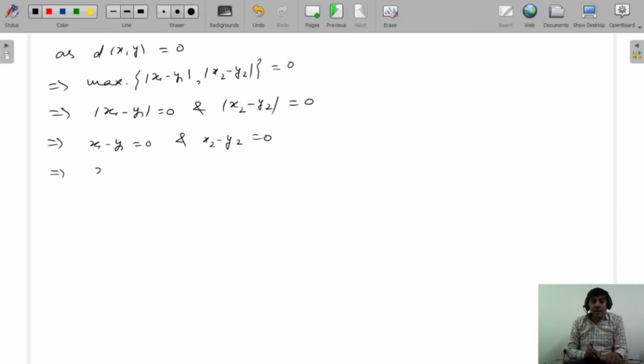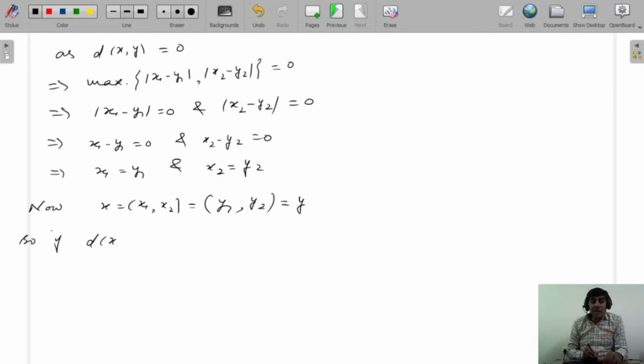This implies x1 is equal to y1 and x2 is equal to y2. Now, x is equal to (x1, x2), x1 is equal to y1, so we replace x1 by y1, and x2 is equal to y2, so we replace x2 by y2, giving (y1, y2) which is equal to y. So, if D(x, y) is equal to 0, then x is equal to y, equation number 1.